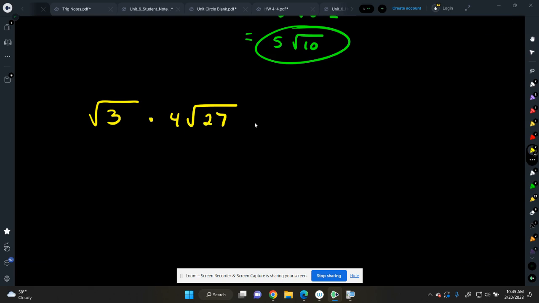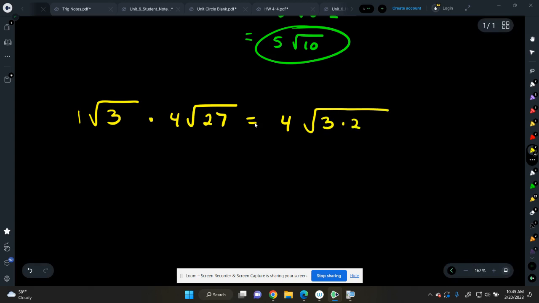So the rule is combine your outside and combine your insides. So the 4 is outside. So we're going to leave that outside. There's an assumed 1 right here. So 4 times 1 is 4. And then on the inside, we're going to combine those. 3 times 27. So group everything that's on the outside, group that together, and then group everything that's on the inside.